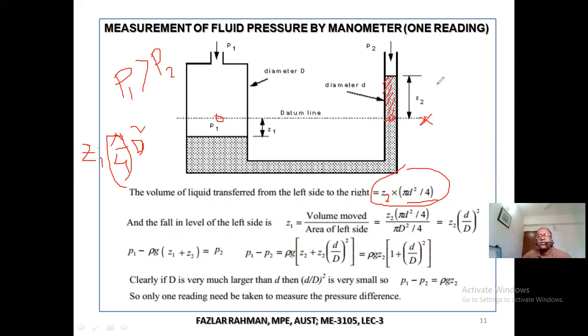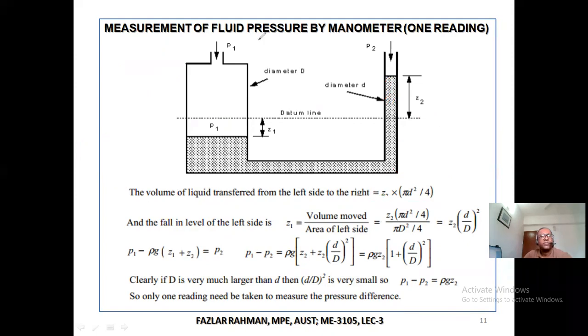Or I can say Z1 times the area, just keeping it as area, equals the right side volume. What is my right side volume of water? Z2 into pi by 4 small d square.